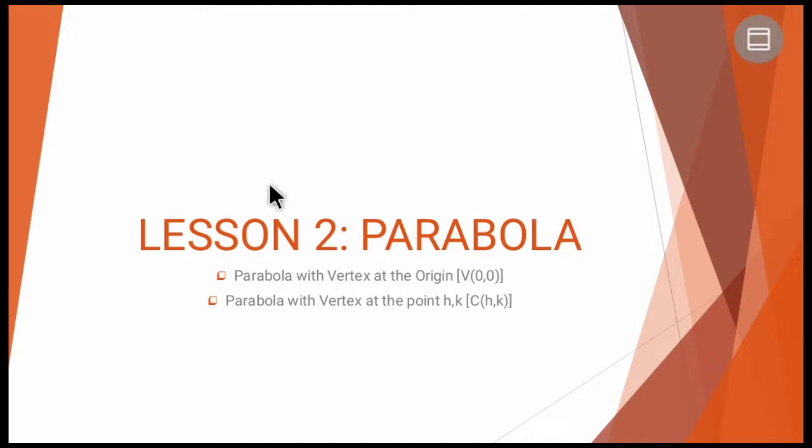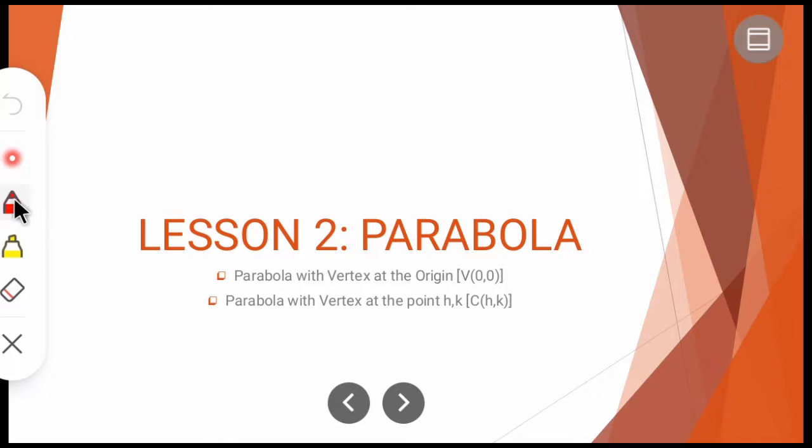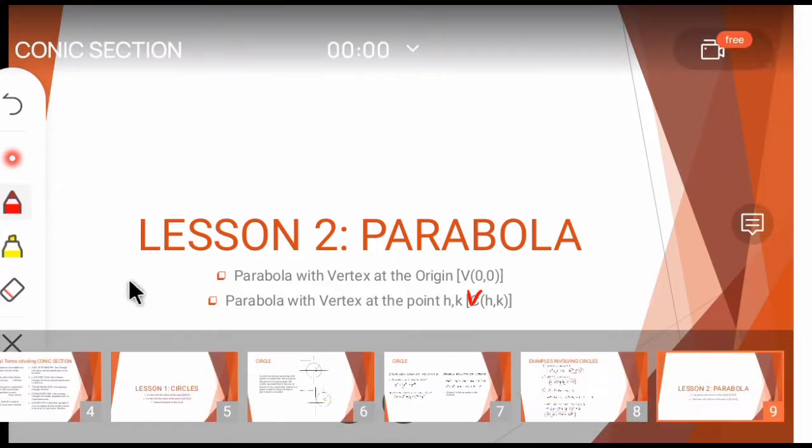This is our lesson objective: we are going to determine the parabola with the vertex at the origin, V at (0, 0), and the parabola with the vertex at the point (h, k). This is supposed to be V, right? So now, let us begin.